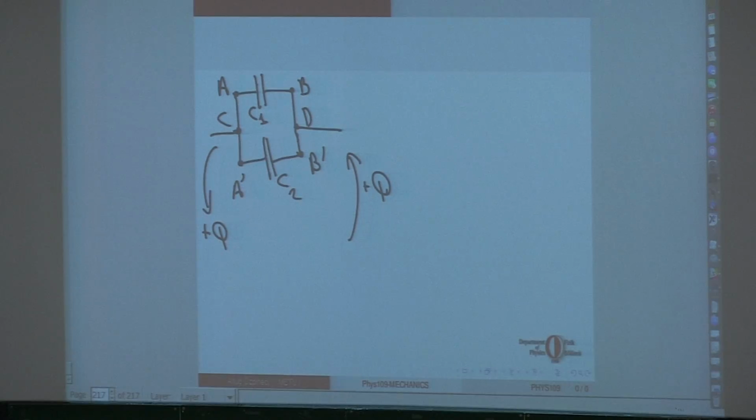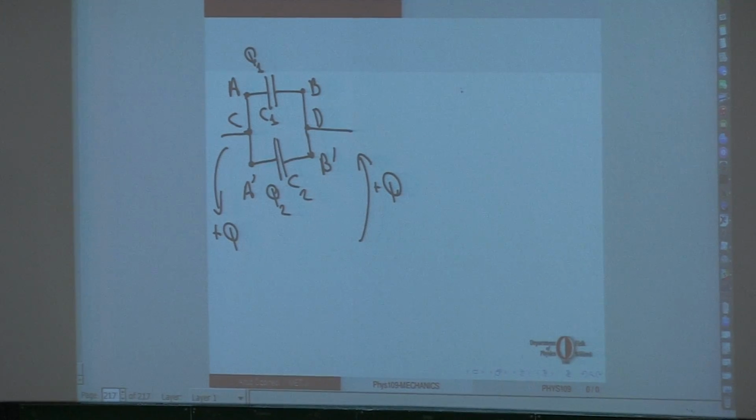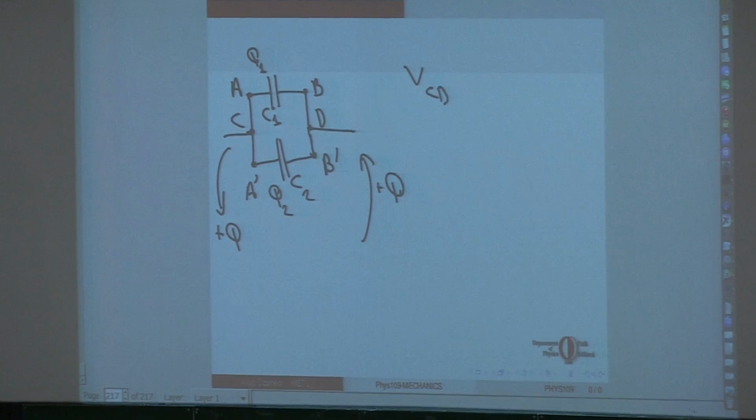There will be some charge on the first capacitor, let's call it Q1, and there will be some charge on the other capacitor, Q2. Q1 and Q2 don't need to be equal. And since we carried some Q, now we have a potential difference between C and D, some potential difference which we will determine in a moment, and this has to be equal to Q over C equivalent. This is how we define the capacitance of a given system.